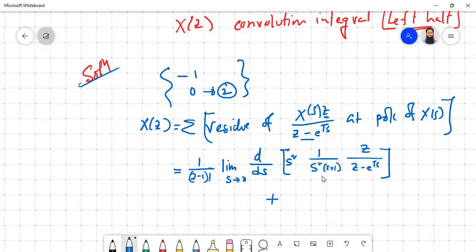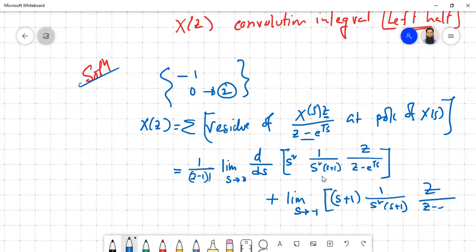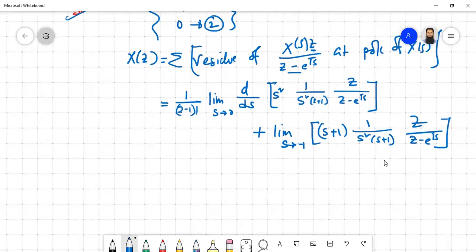Now for the simple pole, just take limit s tends to minus 1. You must multiply with s plus 1, so 1 by s square (s plus 1), then z by z minus e to the power ts. The second one is relatively simple and straightforward.